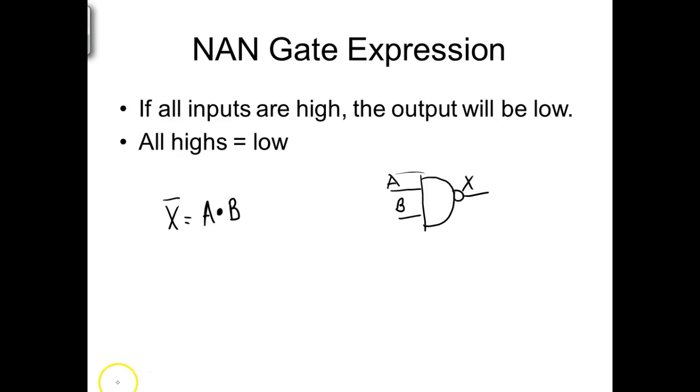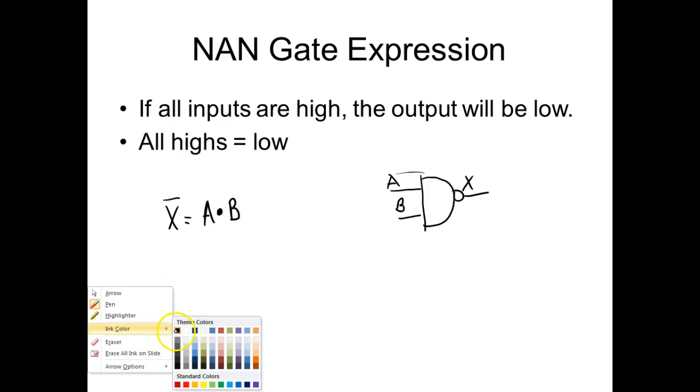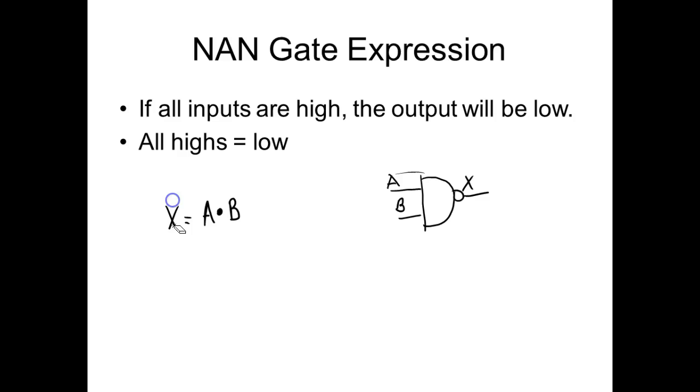So what we do on the Boolean equation is we move that bar from here and put it right there, all the way across the whole thing. So this is the Boolean equation for a NAND. Basically, this is telling you to take this and then invert your answer.